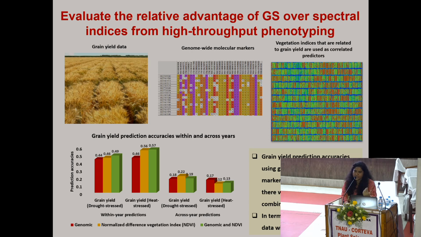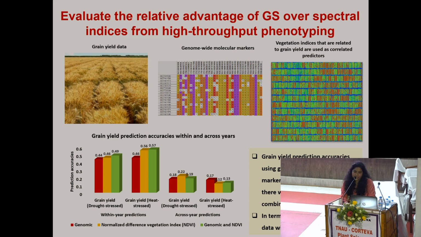And if you combine the information from the spectral indices that you get from high-throughput phenotyping, the vegetation indices, and what I'm showing here is just NDVI. You can see in this figure here, the genomic is in red, NDVI is in yellow, and genomic and NDVI is in green. And what I'm showing is the grain yield predictions for the drought-stressed and heat-stressed environments. The first two bars show within-year predictions, and the next two bars show across-year predictions.